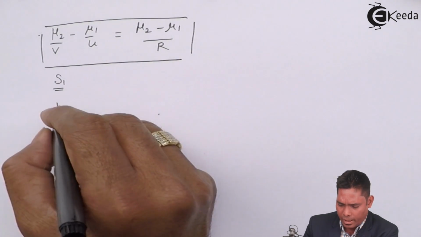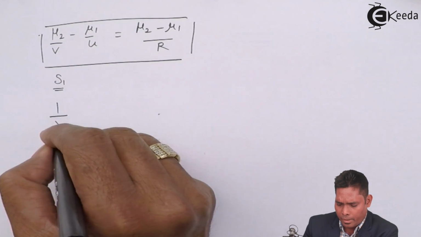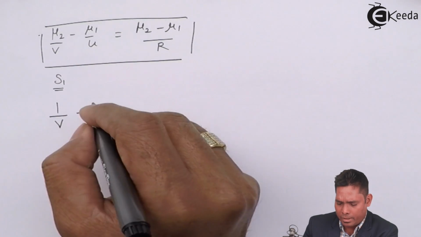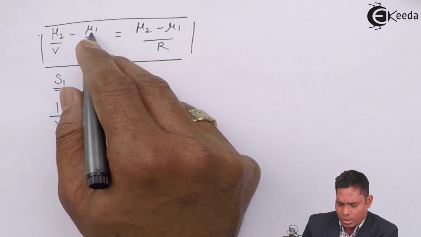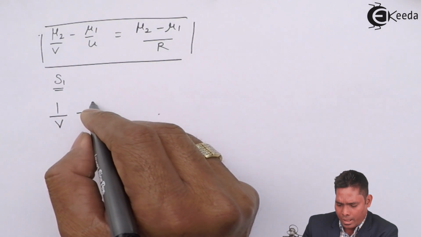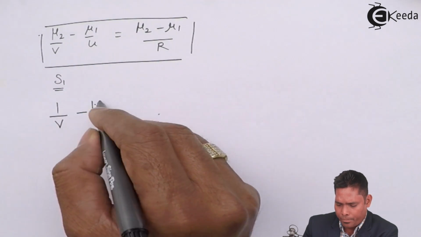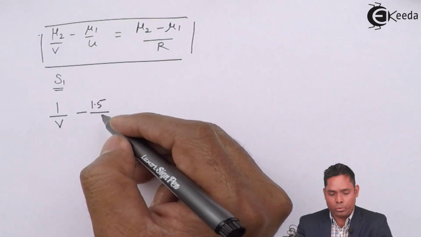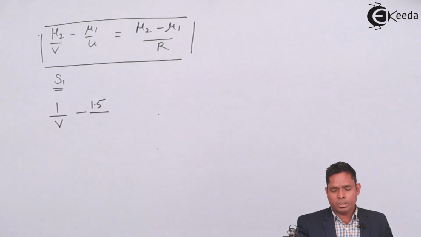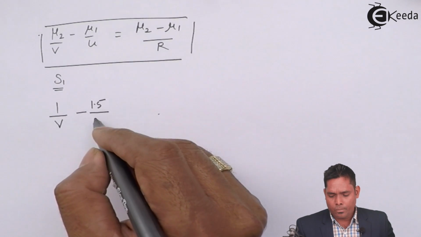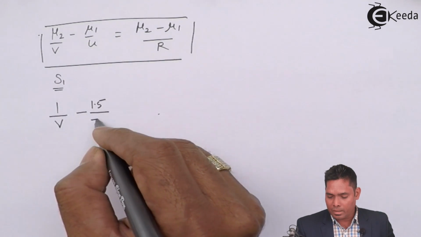In this case it is air medium divided by the image where it is formed, minus glass, 1.5 divided by u. U is at a distance of 50 centimeter to the left against the ray, so it is minus 50.